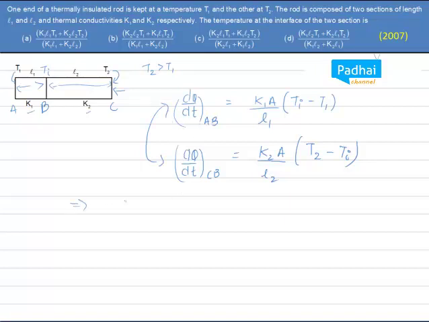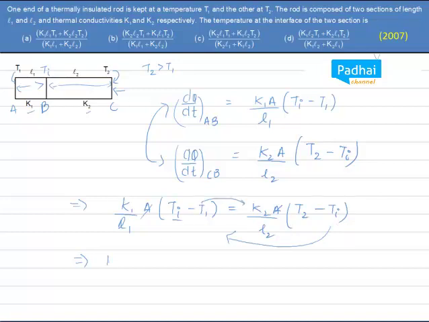That means I can directly write K1 by L1 into A into Ti minus T1 should be equal to K2 into A by L2 into T2 minus Ti. I can cancel out A and A, and I need the value of Ti. So I'll take this Ti over here and this T1 to the other side.